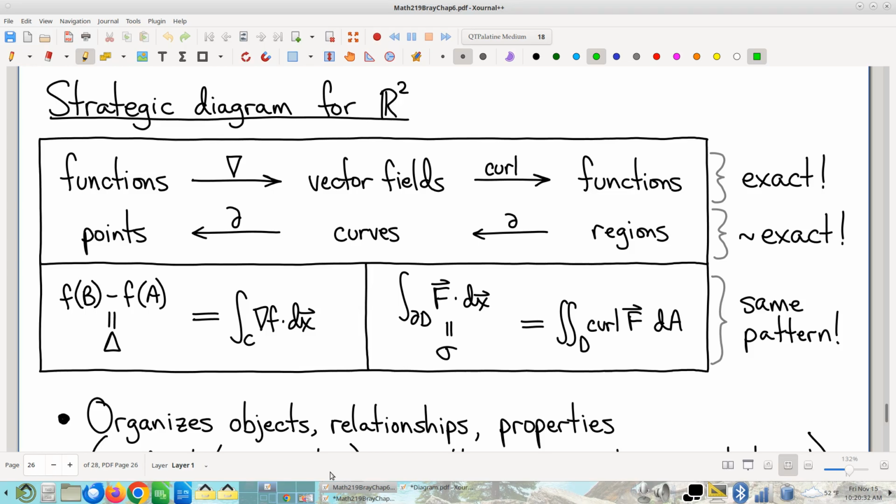This strategic diagram is something I like to throw in. It's not in the book. But there's some really, really important ideas in here. The problem is what I'm going to try to explain to y'all is actually a representation of material that's way too sophisticated for this course. It's just not realistic.